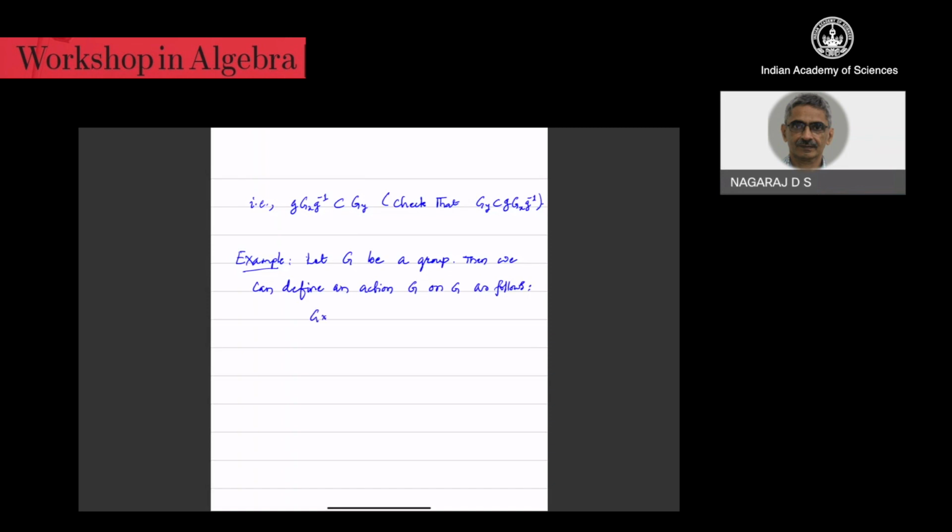I want to define the action of G on G, so I have to have a map from G cross G to G. So what is the map? Take g and take any element g1. I want to know what g does to this element g1.